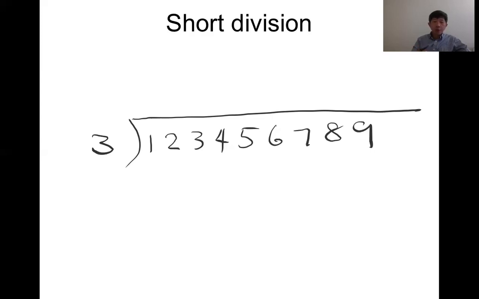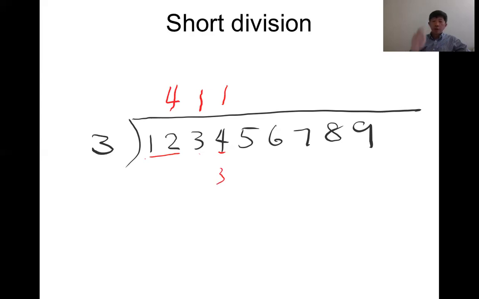Now here, 2 is not divisible by 3, so we take 23 divided by 3, which is 7... Next, 3 times 1 is 3, 4 minus 3, how many?